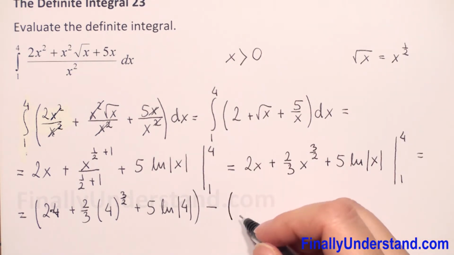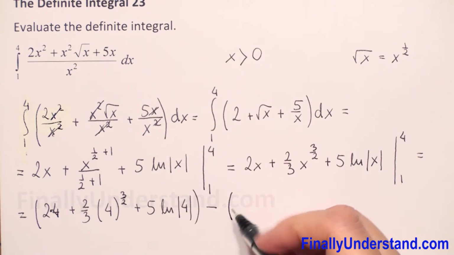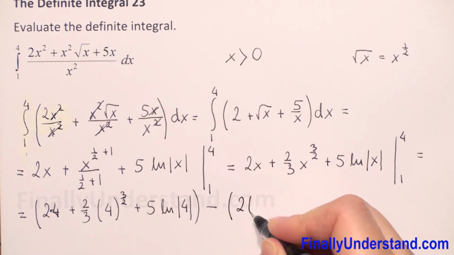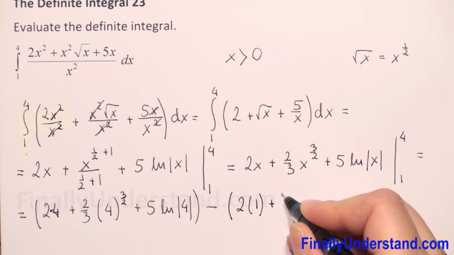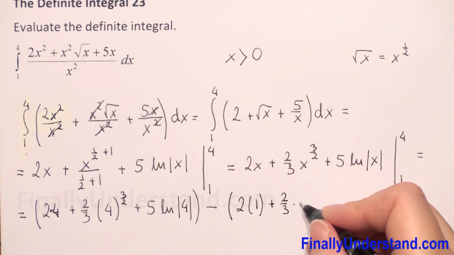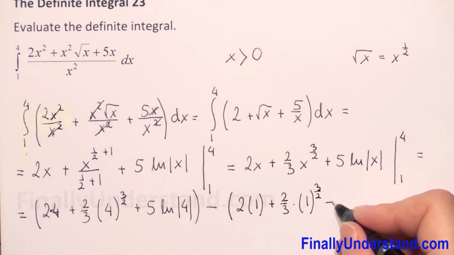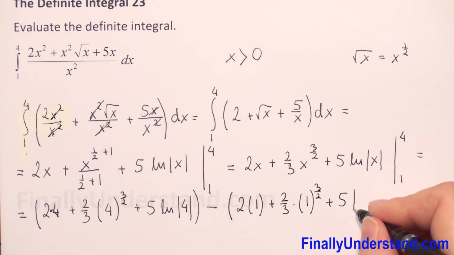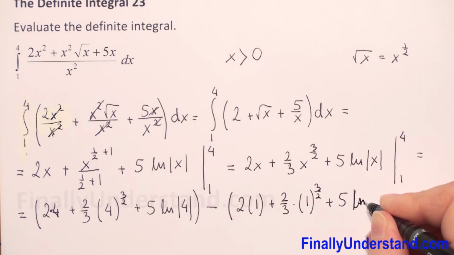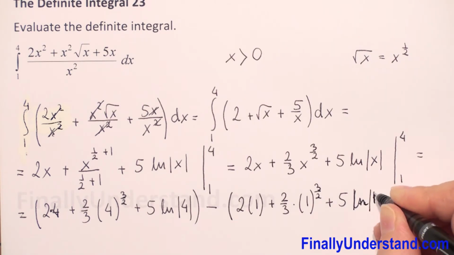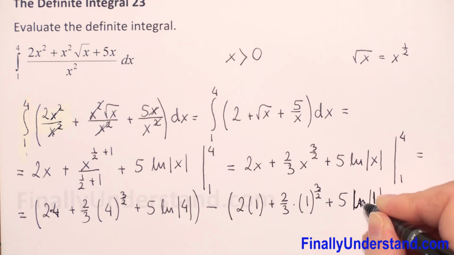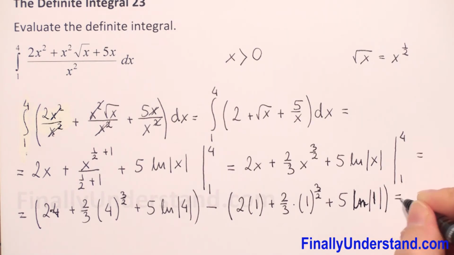We have to put this in parentheses because we have a negative sign before, so there will be 2 times 1 plus 2 over 3 times 1 to power 3 over 2 plus 5 natural logarithm of absolute value of 1. This is equal.